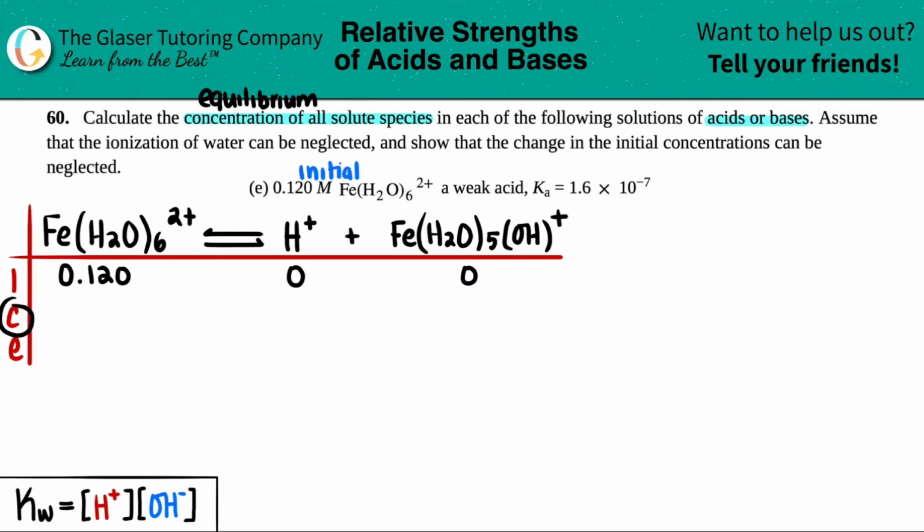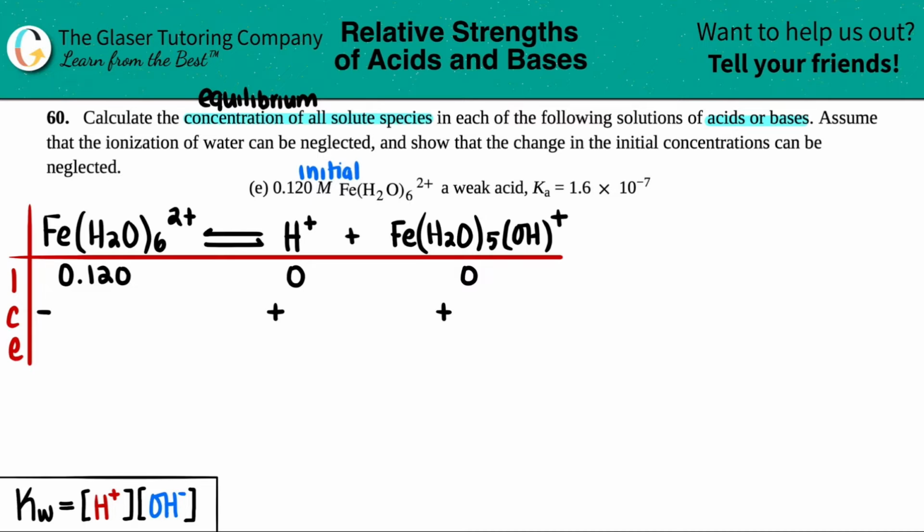C stands for change. How much this value dropped and how much these went up, right? Remember, you can never have negative molarity. So if you started with 0, you always have to go up from there. So this would be plus, and this would be minus. Now, how much change?